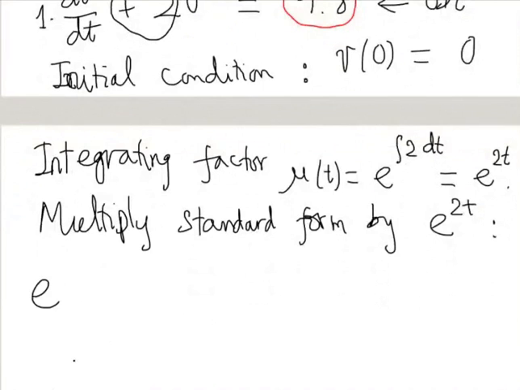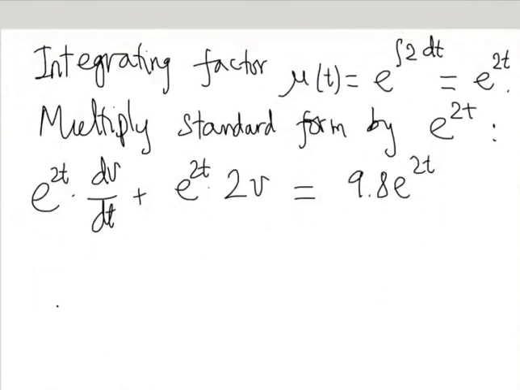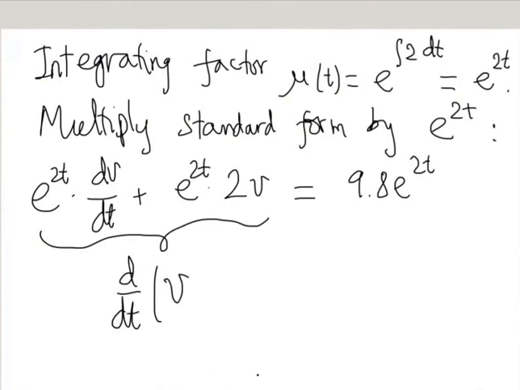So we will have e to the 2t dv/dt plus 2 e to the 2t v equal to 9.8 e to the 2t. And as usual, this side is the derivative with respect to t of the product v times the integrating factor, which is e to the 2t.